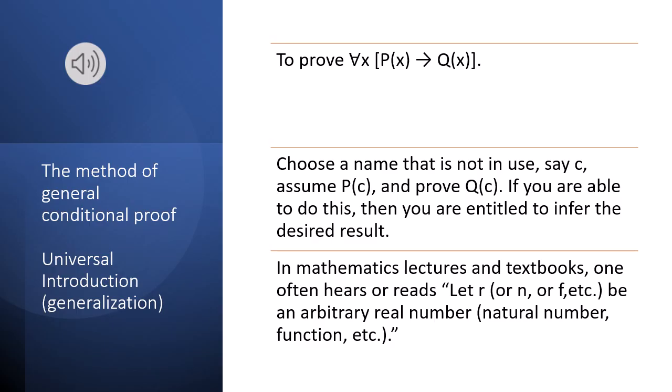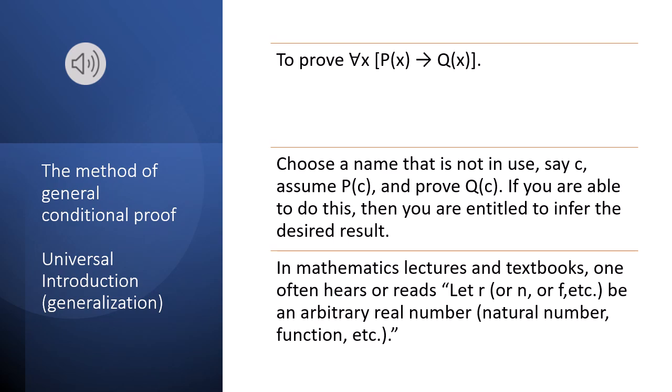In a general conditional proof, you're trying to prove a statement of the form for all x, P of x implies Q of x. In other words, all P's are Q. And the way that you go about it is to choose a name that's not in use at the moment. And let's say it's c.